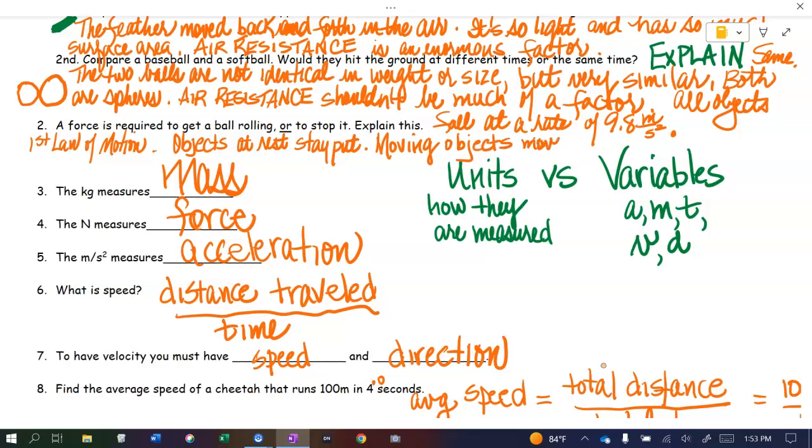Move at the same speed and direction unless acted upon by a net force. By a non-zero net force.